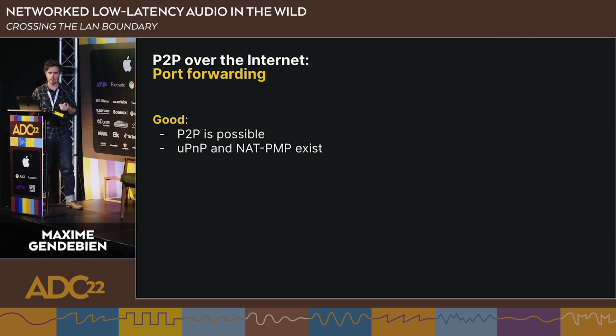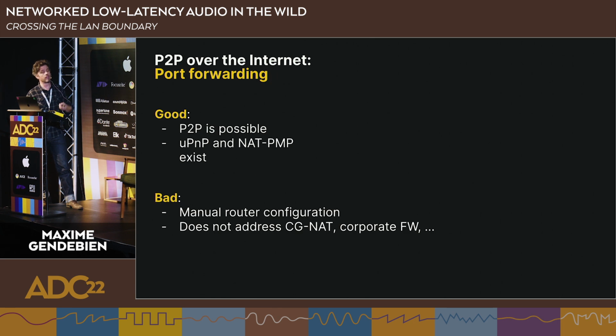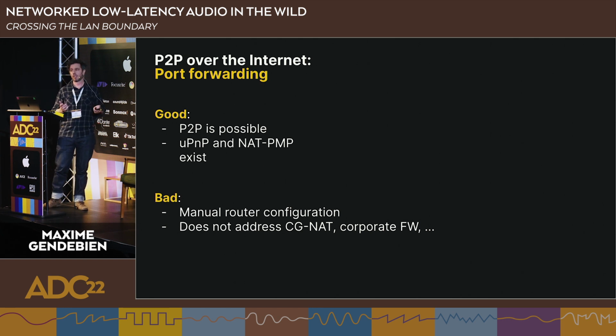But these solutions are not foolproof. And in a lot of cases, you'll have to have your users go into their router and manually configure it. That's something we don't want anyway, where our target is musicians, not network engineers. And that could be a bit scary. So we don't want that.